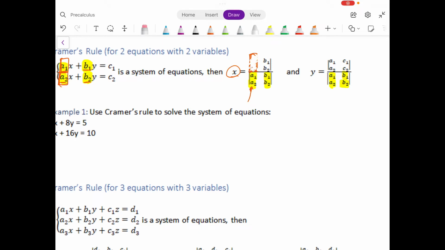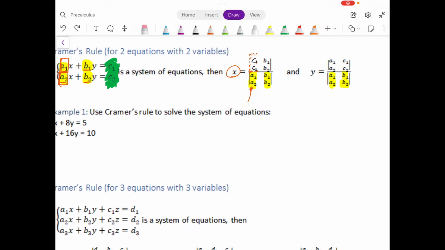And we're going to put in the constant coefficients. So we're going to put in these. All right, so when we find x, we replace the x coefficients in the numerator.